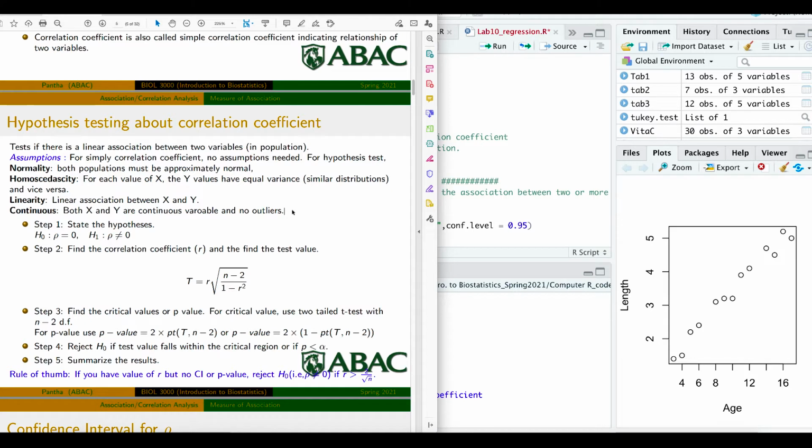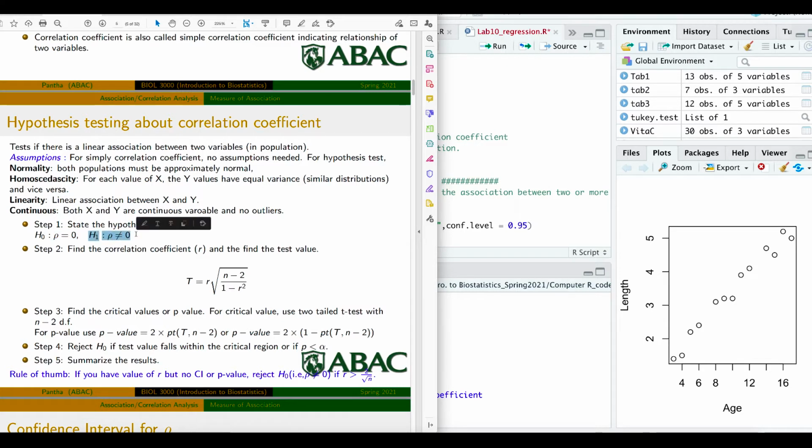Okay, so what are the steps for the hypothesis testing? Step number 1, the null and alternative hypotheses. The null hypothesis is rho equals 0. What that means is the population correlation coefficient is 0, meaning there is no association between the two variables in the population.